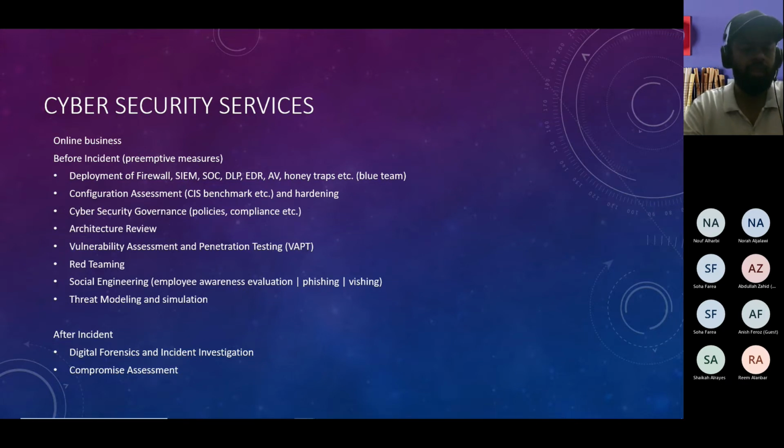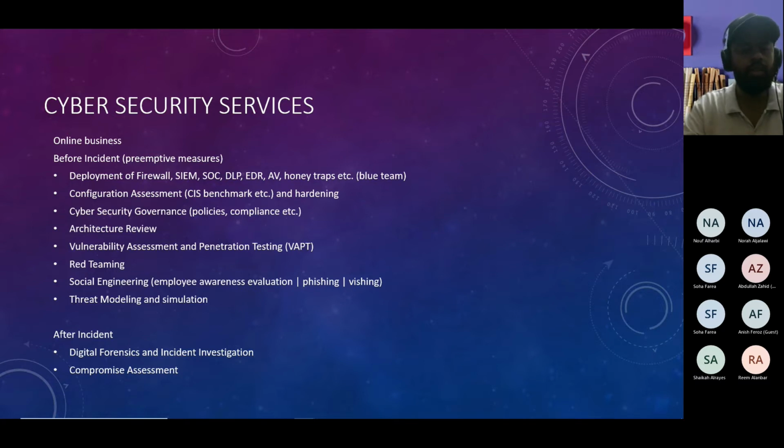Then there is threat modeling and simulation. In this service, cyber engineers will develop threat models on your applications and your IT infrastructure, and they will show you the risk avenues. Attackers can get in from the WAN, attackers can get in from the LAN.